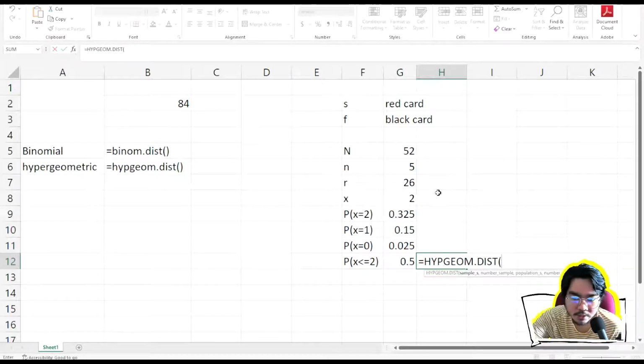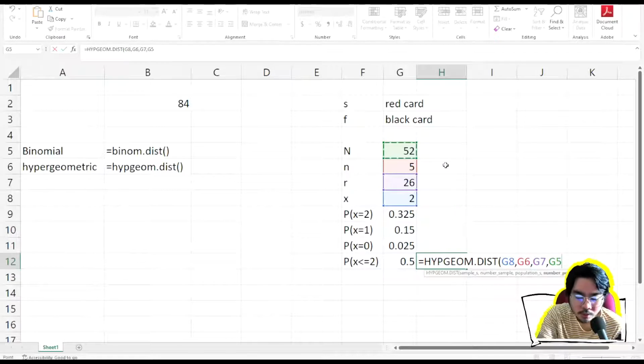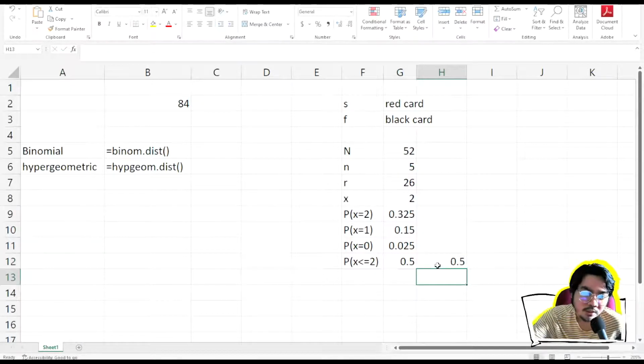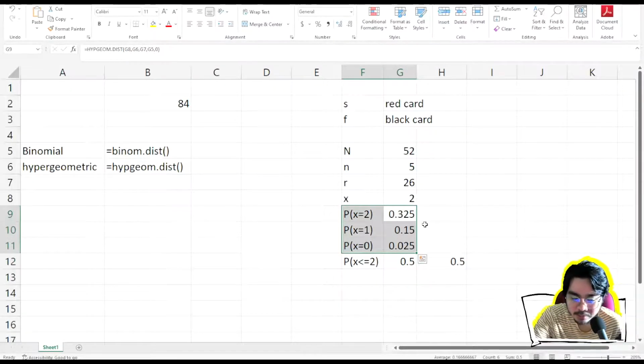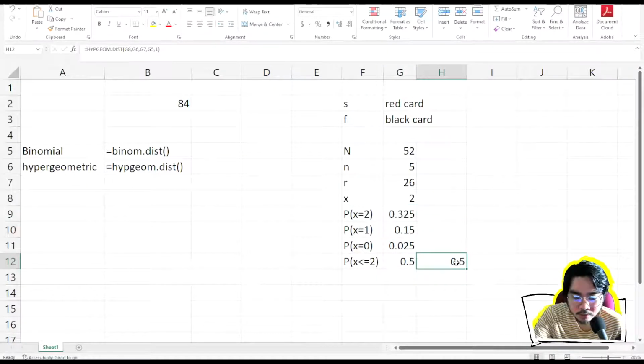Number of successes is S, this. Then 5 is the trials, the successes in the population is 26, and the total is 52. Then if I make it true, so it's a cumulative function, I'm measuring it from 0 to that particular number, and you'll notice you'll still get the same result, no? It's still 0.5. Okay? So it's up to you guys how you use it. You can do something like this, especially when there are only a few, it's nicer. But you can also do it this way. Okay?